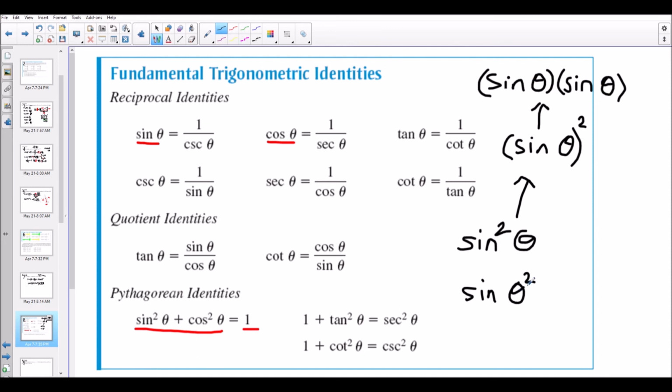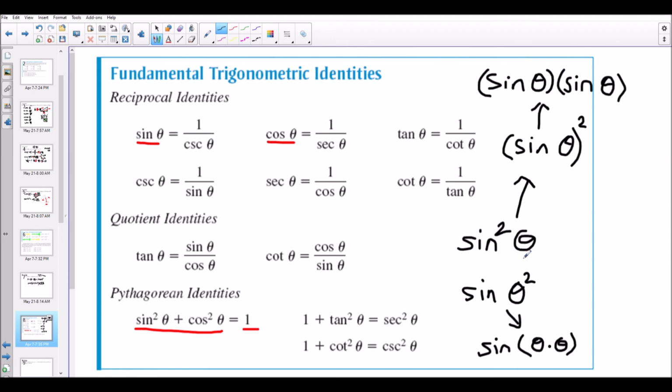The sine of theta squared is the same thing as the sine of theta times theta. That's a totally different expression. In this you are multiplying the angle by itself and then taking the sine of it. In this you are taking the sine of the angle and the sine of the angle separately and then multiplying the results together. Totally different results.